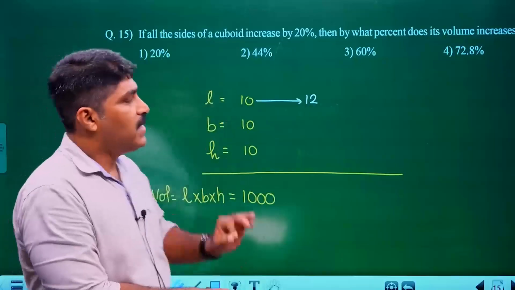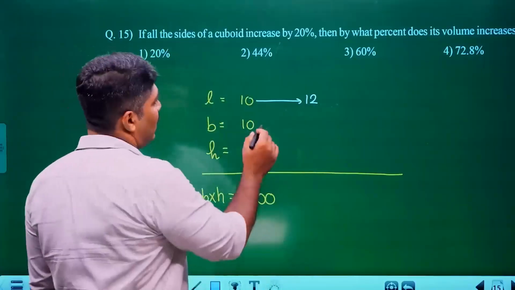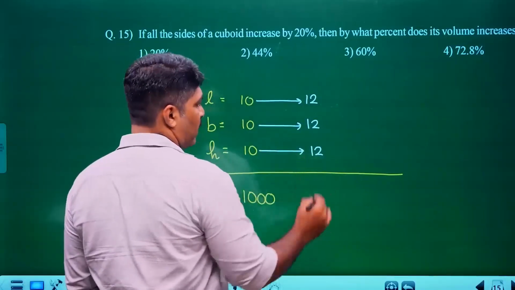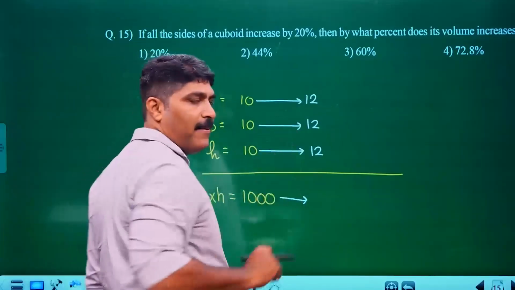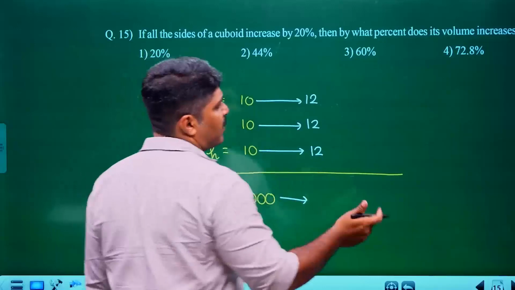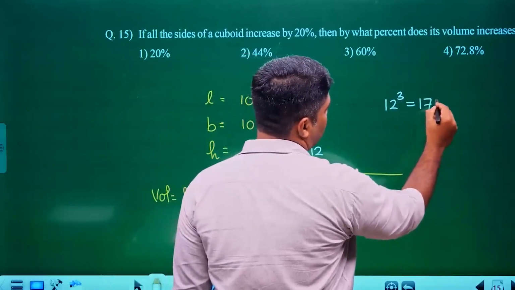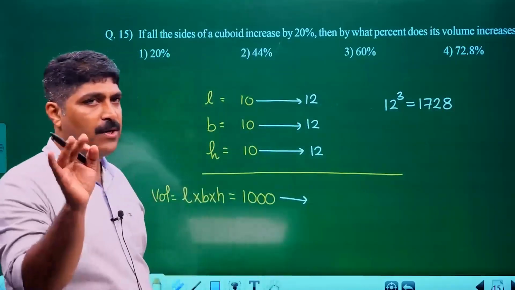While we are considering percentage types of operations, we don't want to bother about the units. So this value is also increased, therefore 12. This is also 12. Now what's the total variation here? This is 12 into 12 into 12. What is 12 cube? You just recall, that is 1728. 12 cube is equal to 1728.